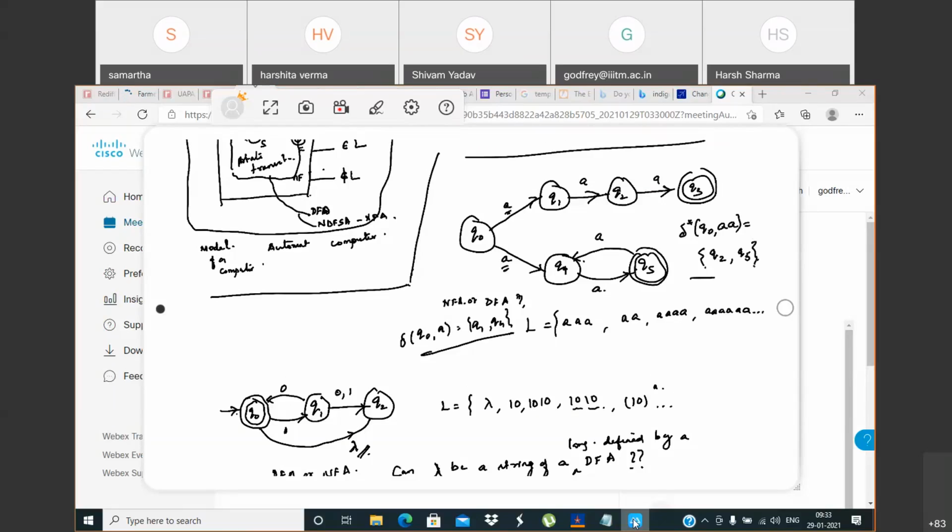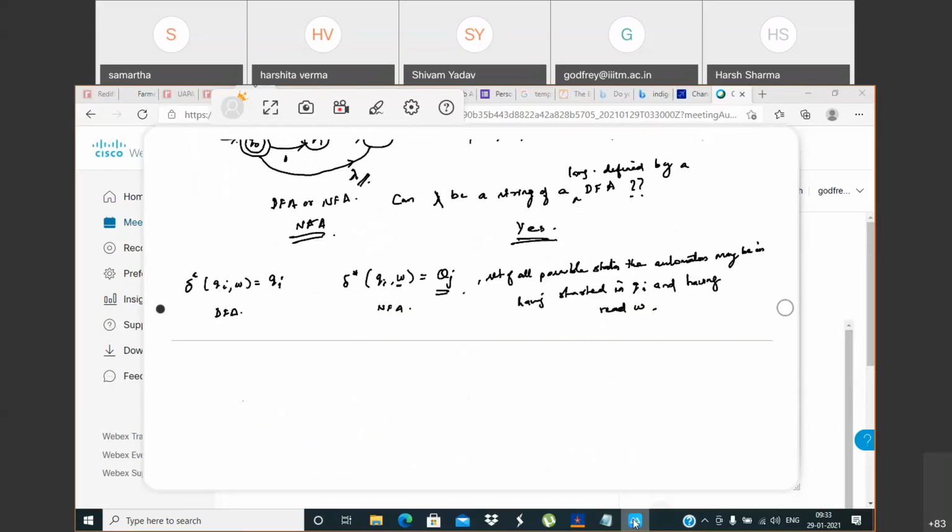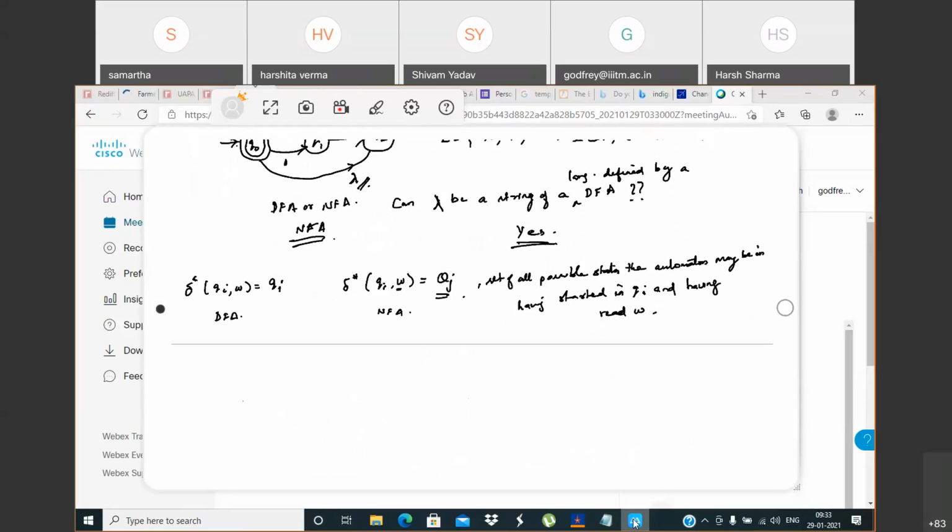So this is what is going to be the resulting state after reading A A. So that way we can write that from Qi on reading w, you can be in the set of all possible states the automaton may be in, having started in Qi and having read w.